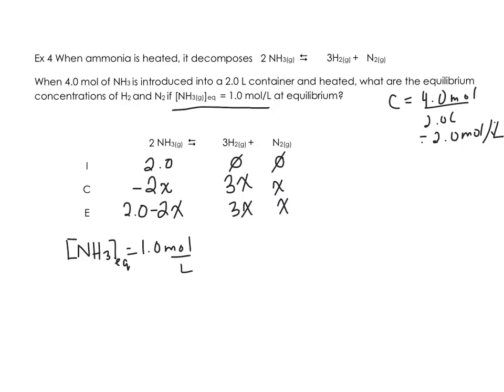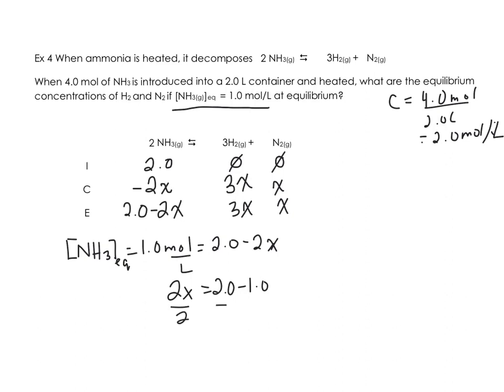But we also know that from our table it is equal to 2 minus 2x. So what we do is we solve for x. So 1 is equal to 2 minus 2x. So 2x is equal to 2 minus 1.